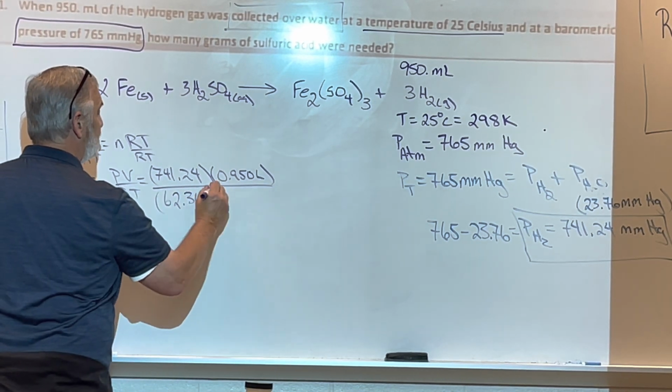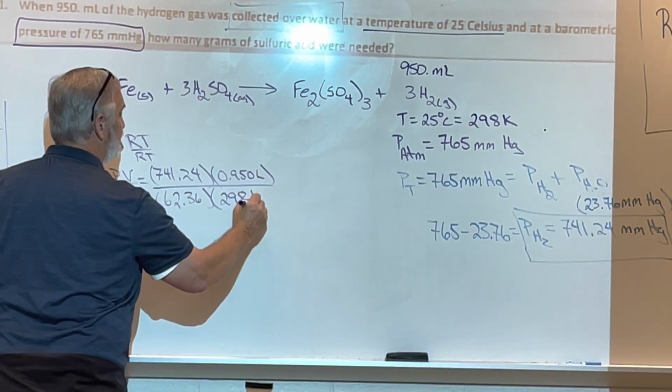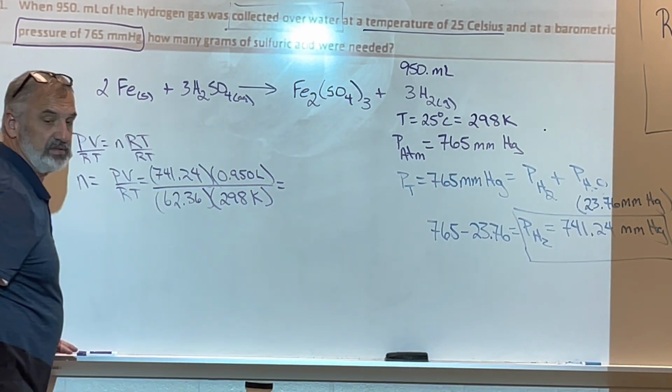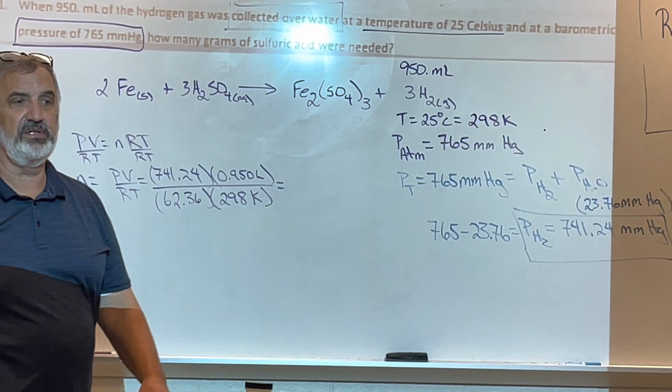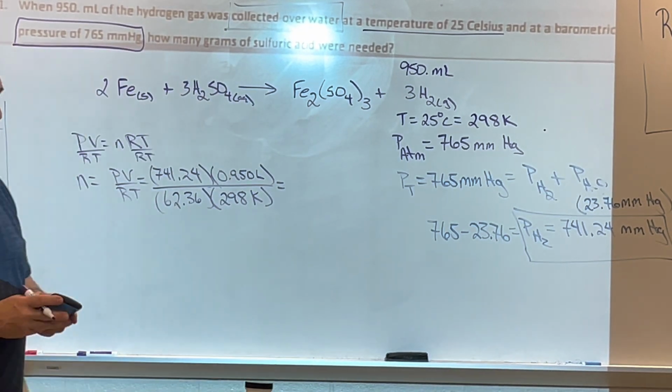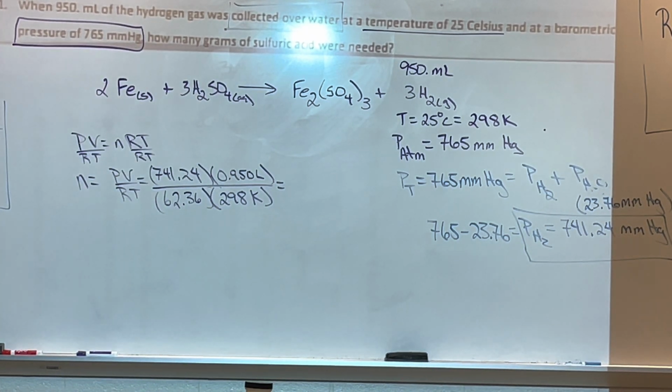And then the temperature is 298 K. Somebody plug that into a calculator. So we're going to go 741.24 times 0.95 divided by 62.36 divided by 298.